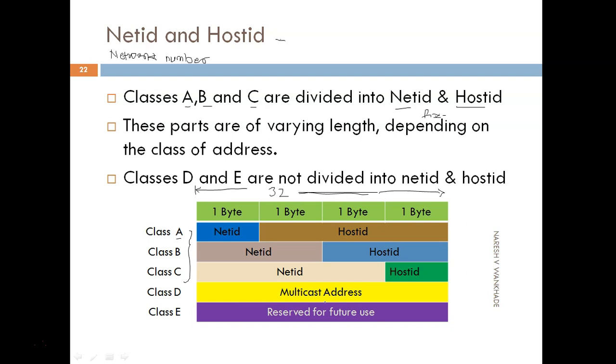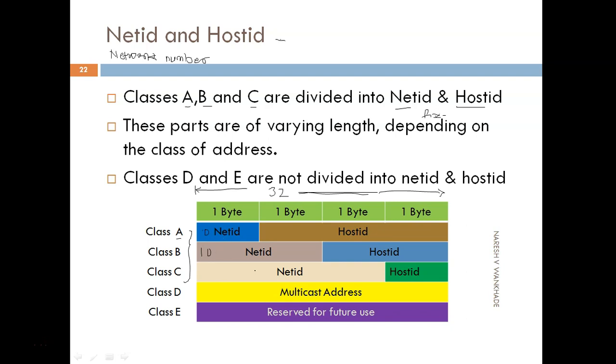Class A has a net ID of 1 byte, that is 8 bits, and a host ID of 3 bytes, that is 24 bits. This 1 byte includes the prefix, which is 0. Class B is divided into 2 bytes net ID and 2 bytes host ID, and it has prefix 10. This prefix is also included in these 2 bytes.